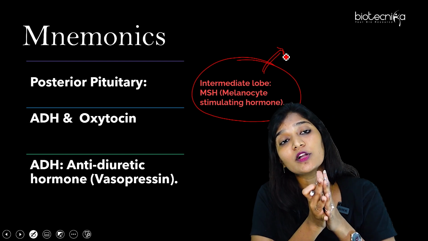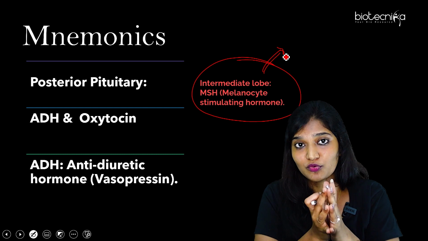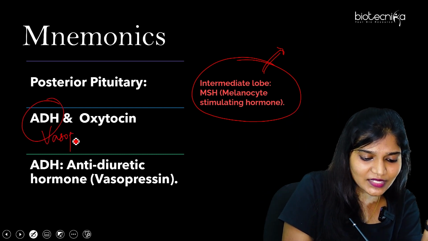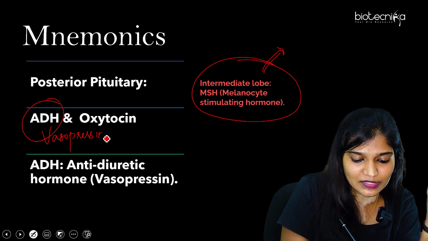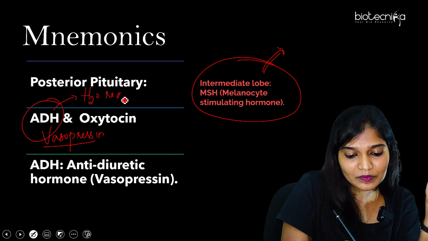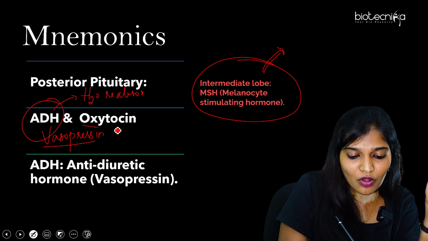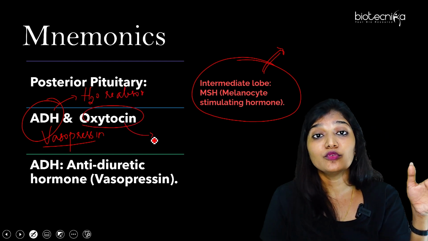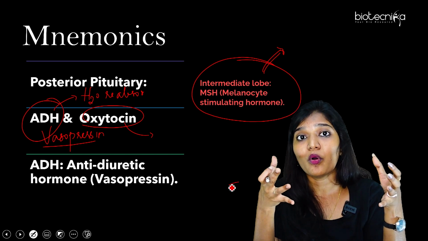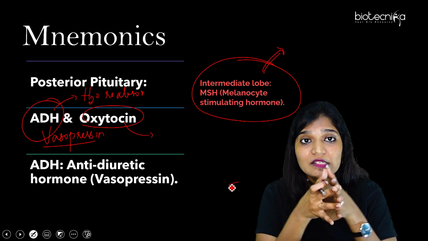And if you have to talk about the posterior part of the pituitary, we already know about ADH, which is vasopressin. This has a correlation with the excretory system. This ADH is responsible for water reabsorption. And this oxytocin is actually produced during the parturition process for the contraction of the uterus to eject the baby fetus outside.